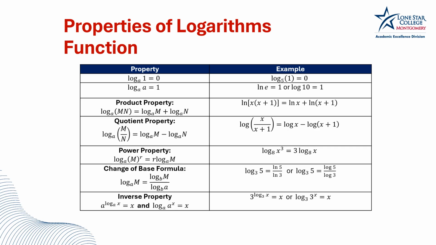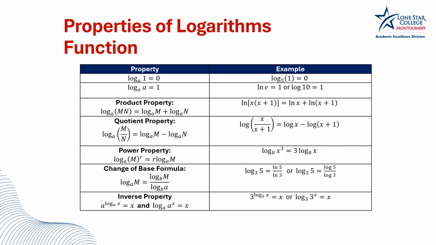Now, the change of base formula is when you have log base a of m, you can actually rewrite this as log base b of m divided by log base b of a. The reason why that needs to be done is if you don't have access to a calculator, because calculators by default only have log base 10 or a natural log.